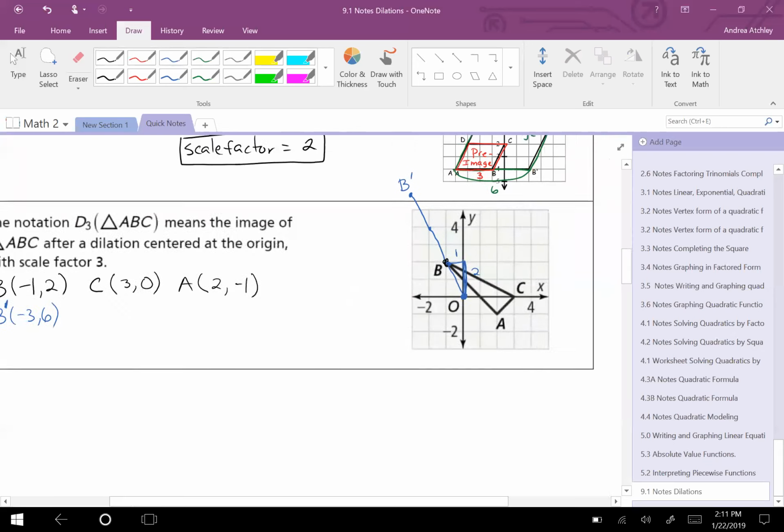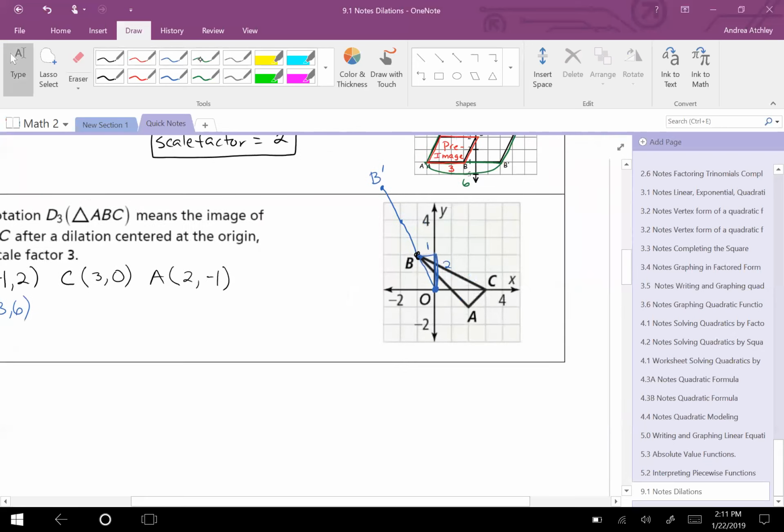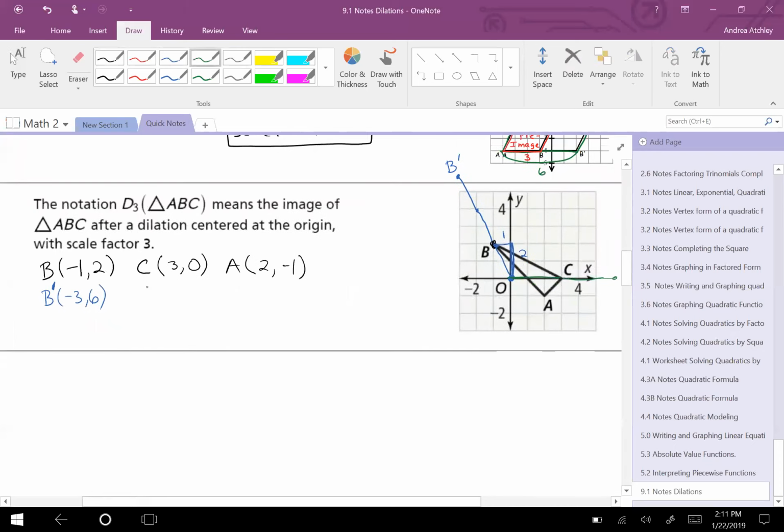Let's try with A now. Oh, let's try with C. C, I just have to go 3 away, 3 times. So I have to go 1, 2, 3, 1, 2, 3, and it's going to be way off my graph, right? So I can just take the C and multiply it by 3.